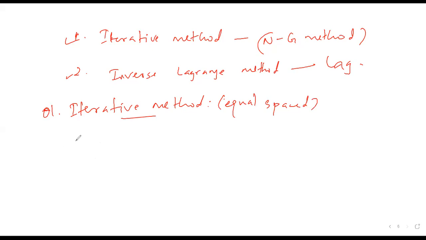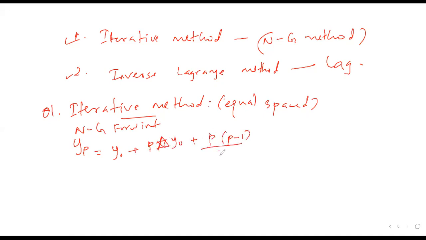For example, for our Newton's-Gregory forward interpolation, we have y naught plus p delta y naught plus p(p minus 1) divided by 2 factorial delta squared y naught plus p(p minus 1)(p minus 2) divided by 3 factorial, and so it goes.